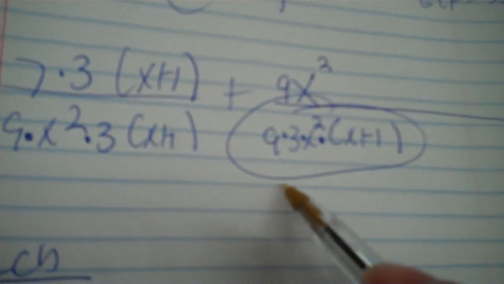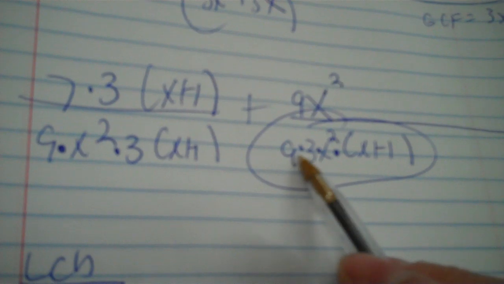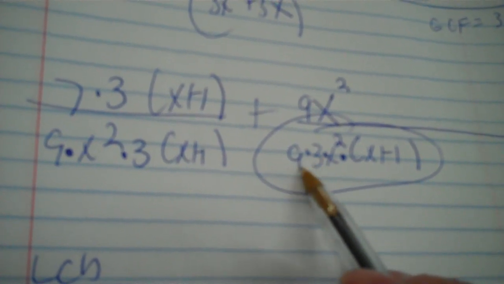Okay, now what we have here is our common denominator, as messy as it might look, but we're going to clean that up because when I have two outer number factors, I need to times those. 9 times 3 is 27, x squared, then x plus 1. Okay, now right here on top, here's one thing you're going to want to fix. You're going to want to put 7 times 3 and put that as 21.